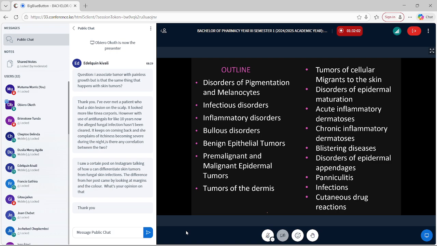I've mentioned the most common. I've ignored the ones that you really don't need at your level. Skin lesions are convoluted. There are many, they look the same, even on histology. And the problem is they can have secondary changes. Somebody has tinea corporis or tinea capitis.